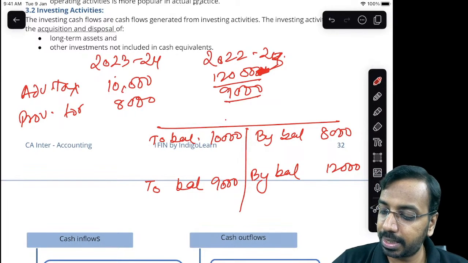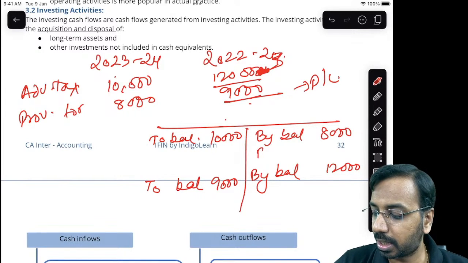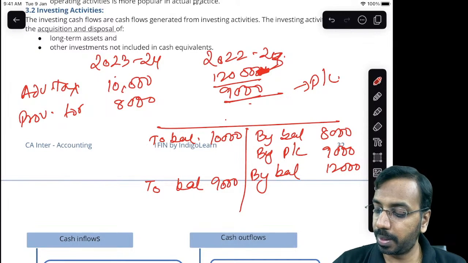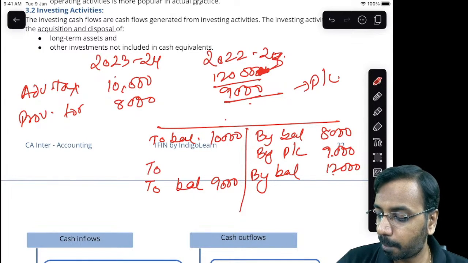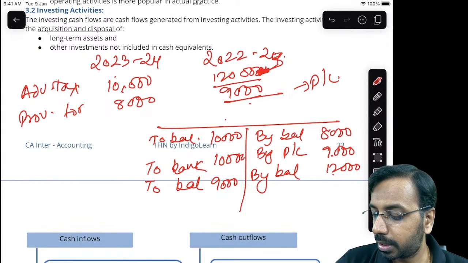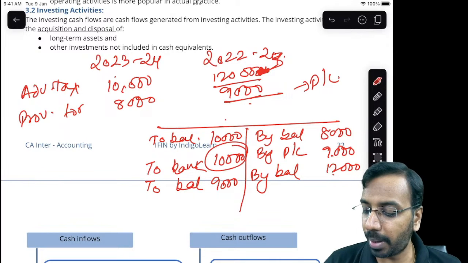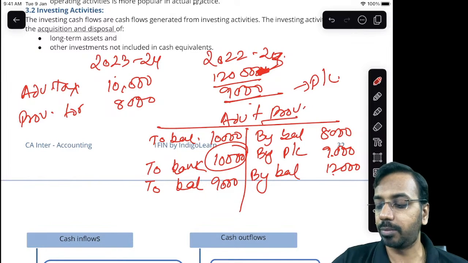And assume for a moment that this 9,000 is also debited to P&L. So in the P&L the charge is 9,000, which means 12 plus 9 is 21, 21 plus 8 is 29, 29 minus 19, to bank 10,000. So this is what has been paid during the period. So you can prepare a combined advance tax plus provision for tax account and do the entry.